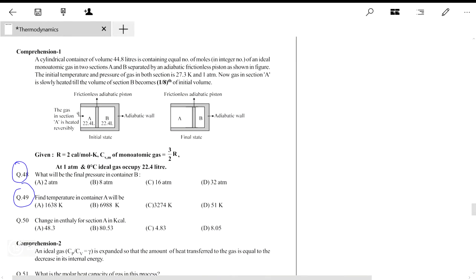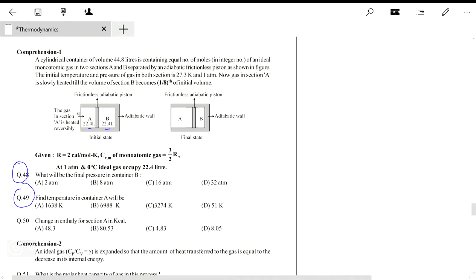Okay. Now we go on to this paragraph, the comprehension question. The comprehension question says we have initial volumes of 22.4 liters each. The right container is adiabatic, whereas the left container, section A, you're heating the gas.